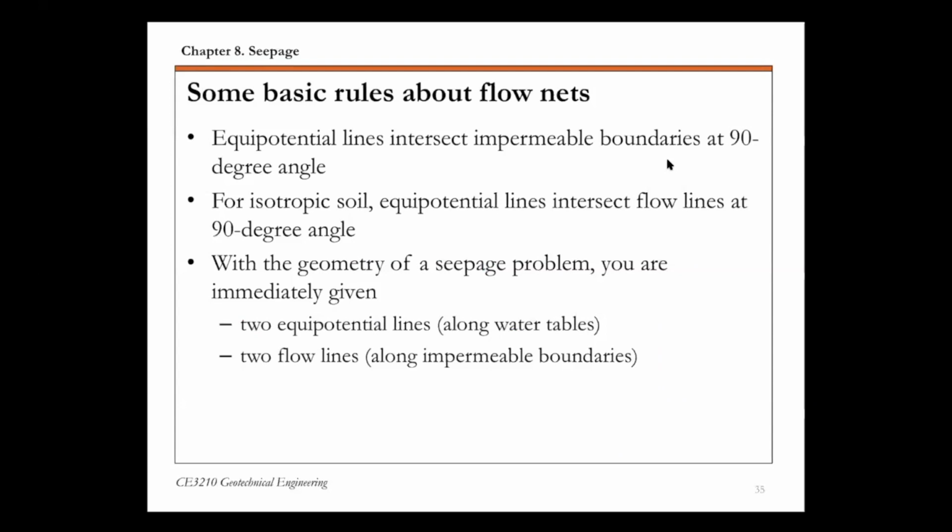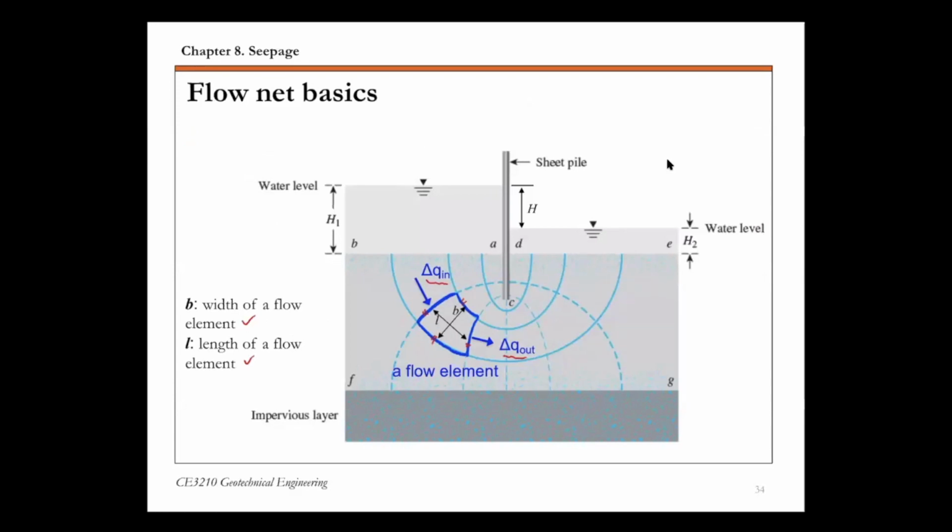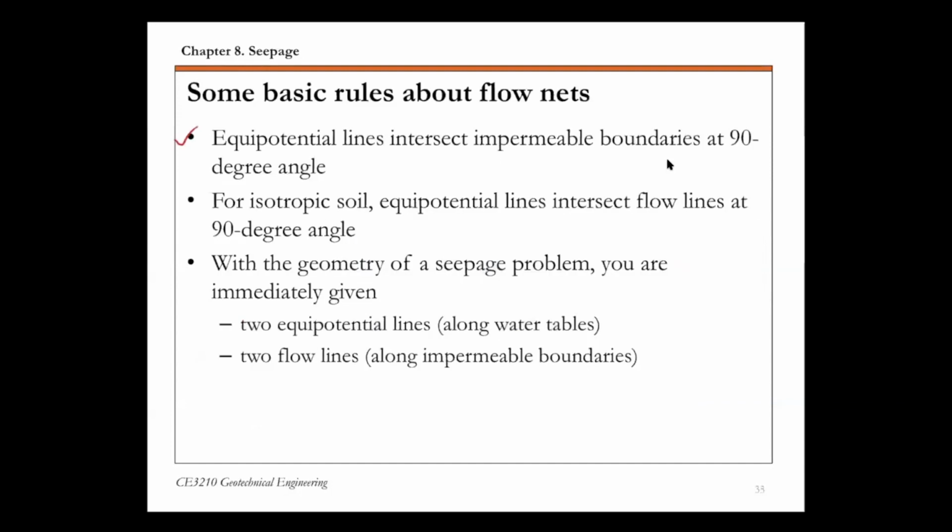Okay, so finally, some additional basic rules about flow nets. So first, the equipotential lines intersect impermeable boundaries at 90-degree angle. So if I go back to this slide here, all these dashed lines are equipotential lines, and they intersect the impermeable layer, that's the layer at the bottom, at 90-degree angle. So that's equipotential lines.